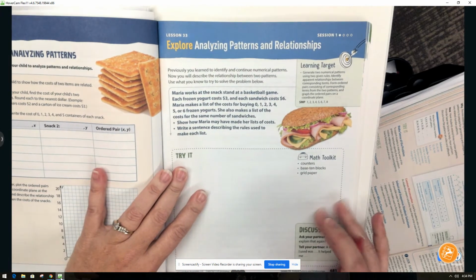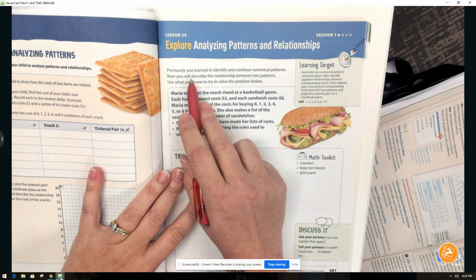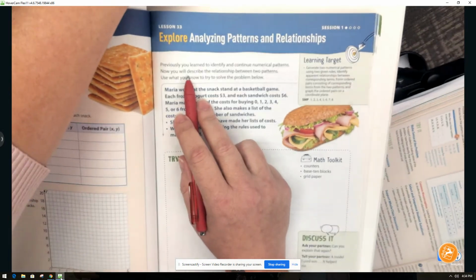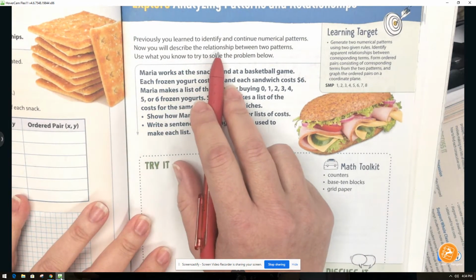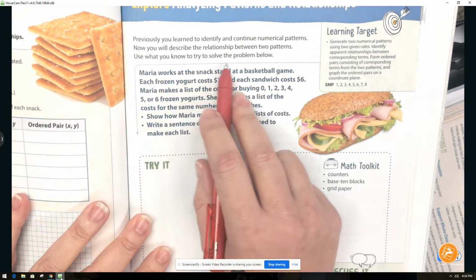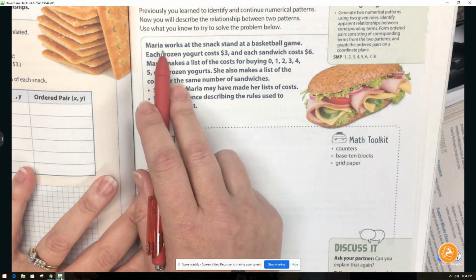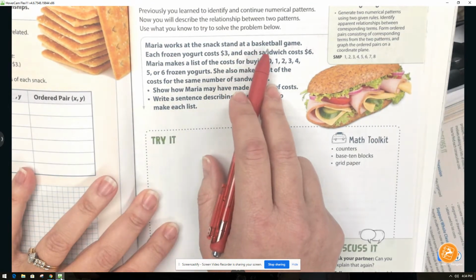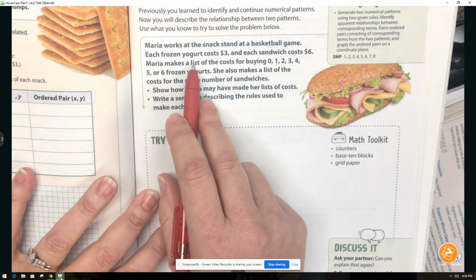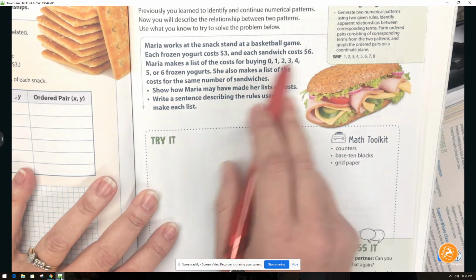All right, so previously we learned to identify and continue numerical patterns. Now we're going to describe the relationship between two patterns. Use what you know to try and solve the problem below. So here's the problem we have. Maria worked at the snack stand at a basketball game. Each frozen yogurt cost $3, and each sandwich cost $6.